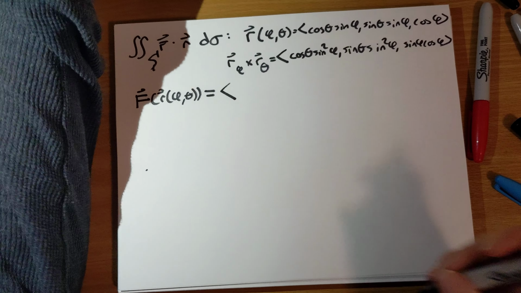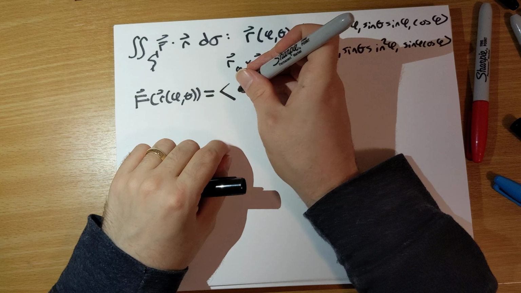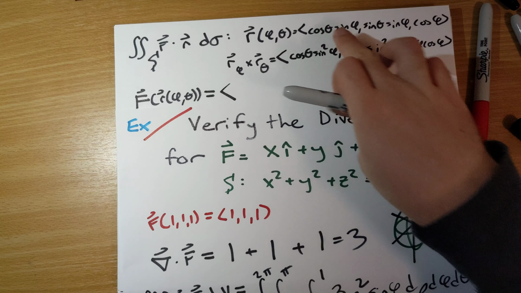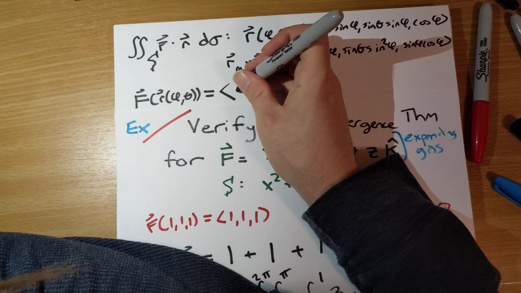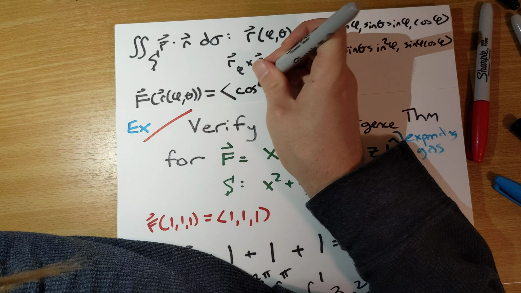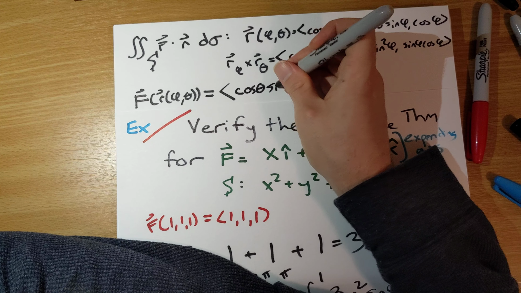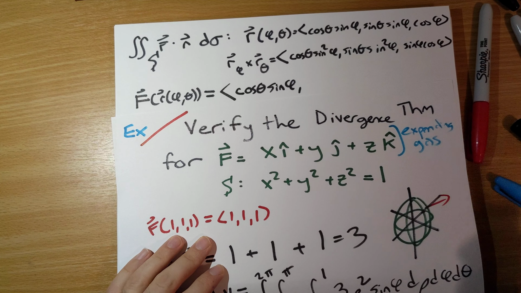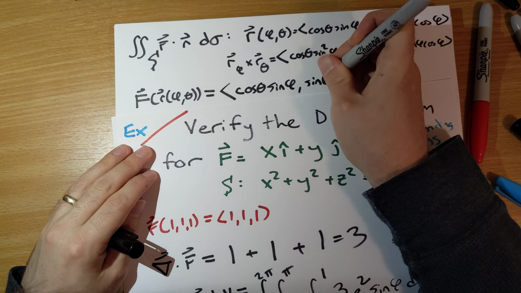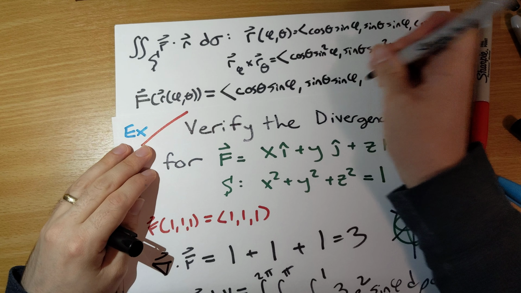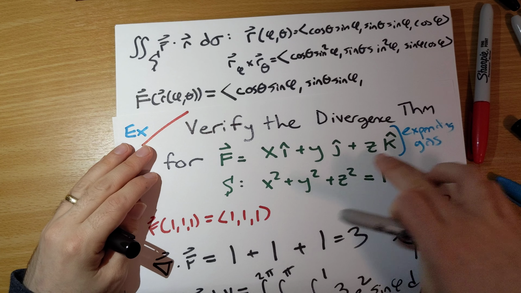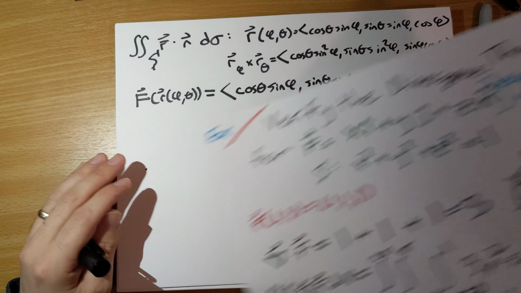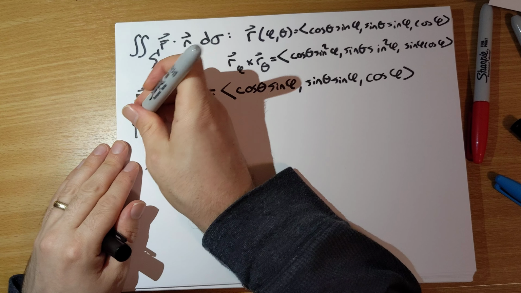We replace x with this, that's just going to be cosine theta sine phi. We replace y with this right here, sine theta sine phi, and we replace z with this, cosine phi, and then we do a dot product.